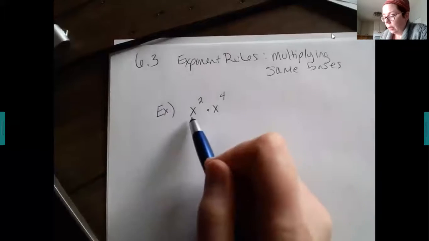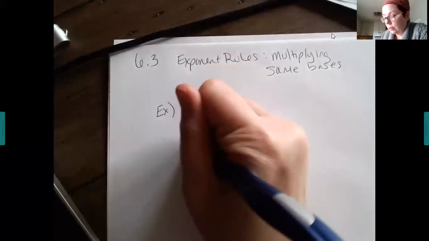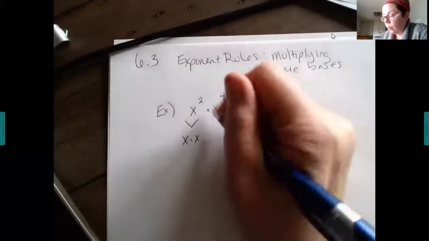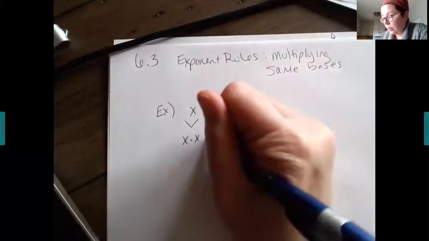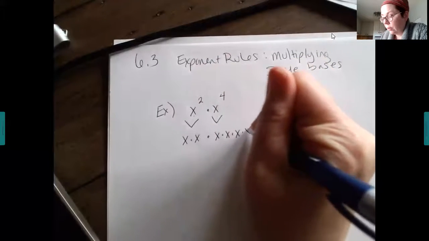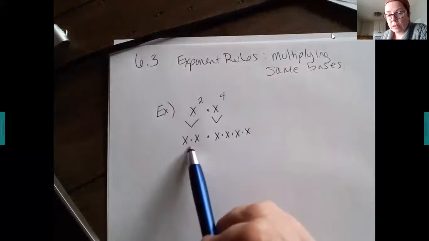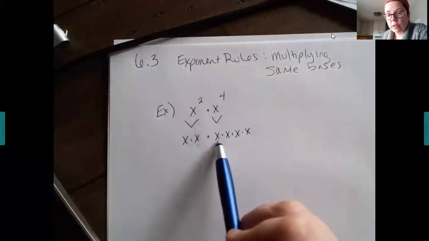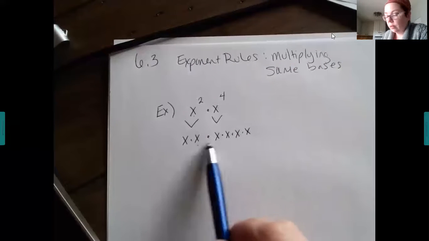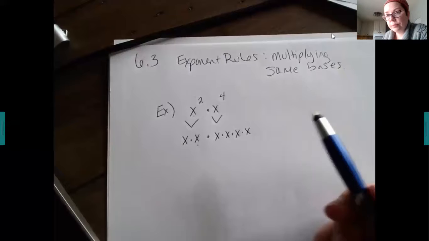If we have x squared, that means we have x times x. And x to the fourth means we have 4 x's. So how many x's do I have all together? 1, 2, 3, 4, 5, 6. I got 6 x's all together.